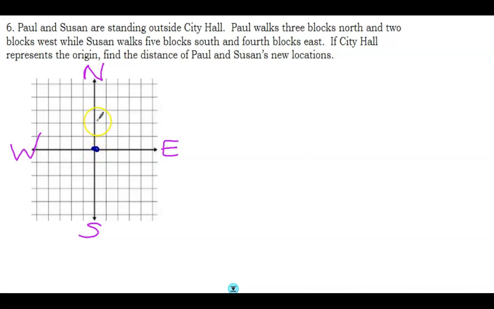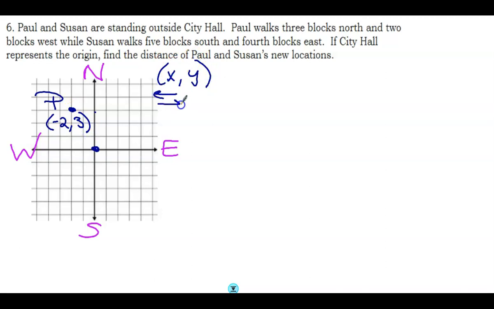Now I need to figure out where Paul is. Paul is 3 north, 1, 2, 3, and 2 blocks west, 1, 2. So this is Paul, and he went left 2, so that's negative 2, and he went up 3, and that's y. Remember x and y.